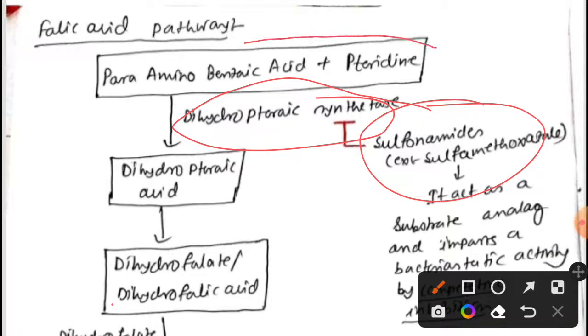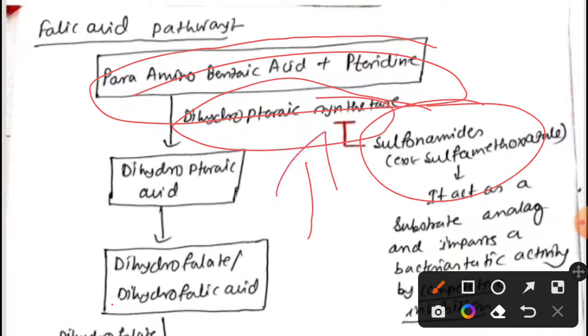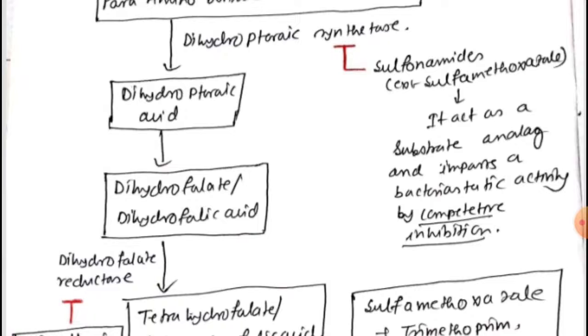That substrate is para-aminobenzoic acid and pteridine. Here the sulfonamides act as a substrate analog, and as a result dihydropteroic synthetase cannot convert para-aminobenzoic acid and pteridine into dihydropteroic acid. So it is again a bacteriostatic activity, and this kind of inhibition is known as competitive inhibition.